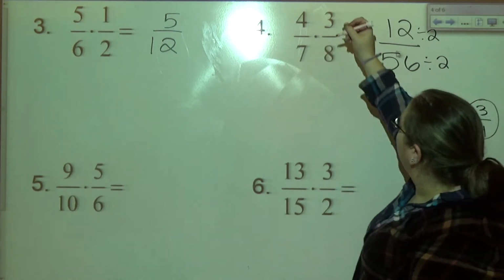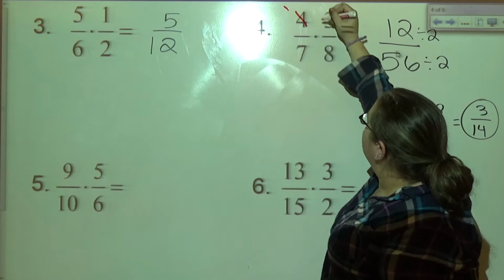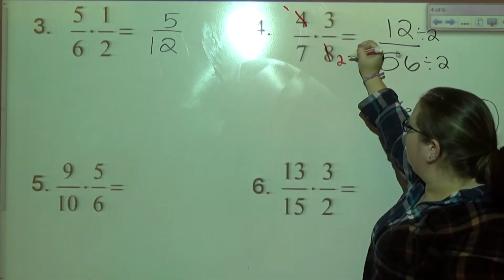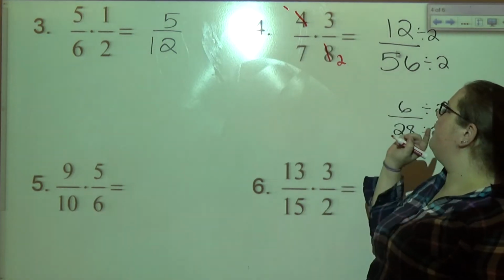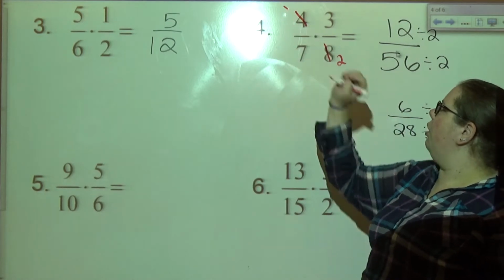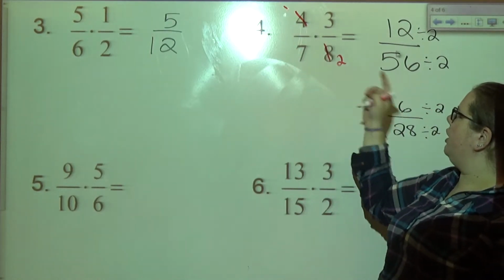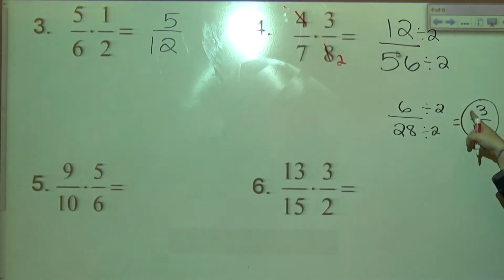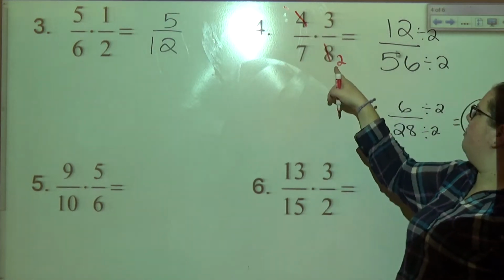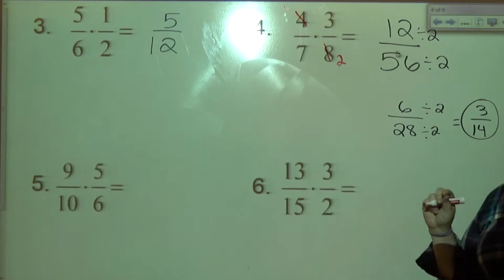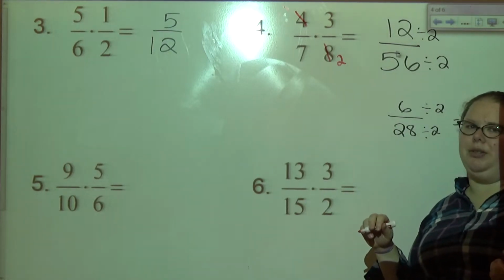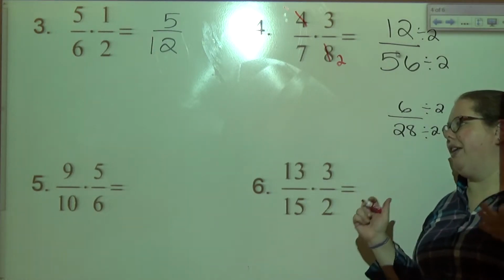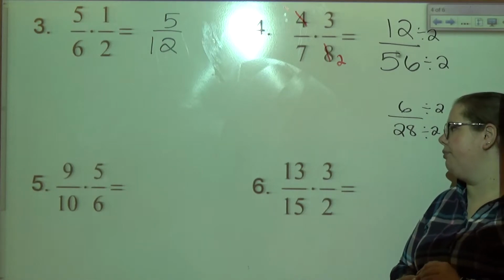Yes. 4 goes into 8 twice. So I'm going to divide by 4 here, and I get a 1. Divide by 4 here and get a 2. So now my numerator, 1 times 3 is 3. 7 times 2 is 14. So that's a faster way, especially if you don't like using a calculator. You don't want to have to go through that process.